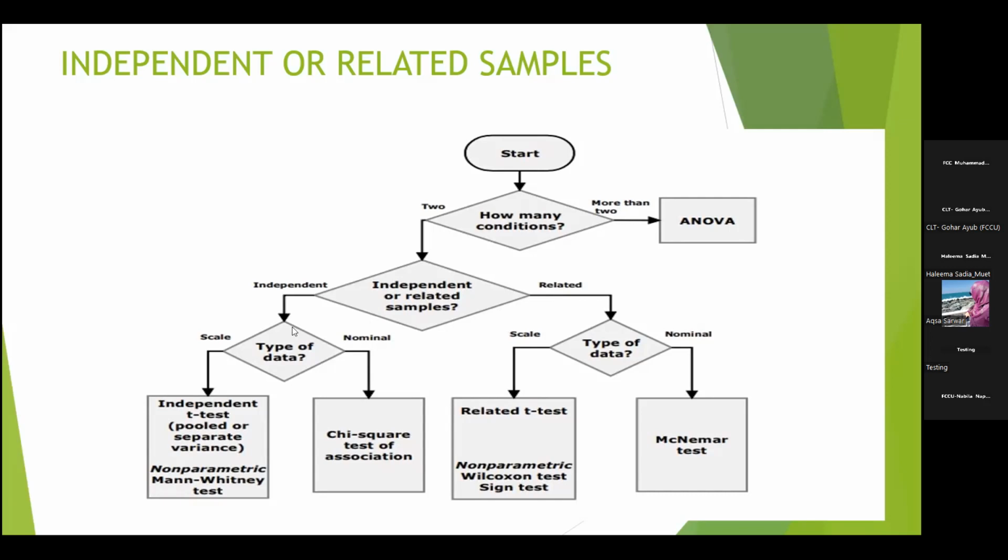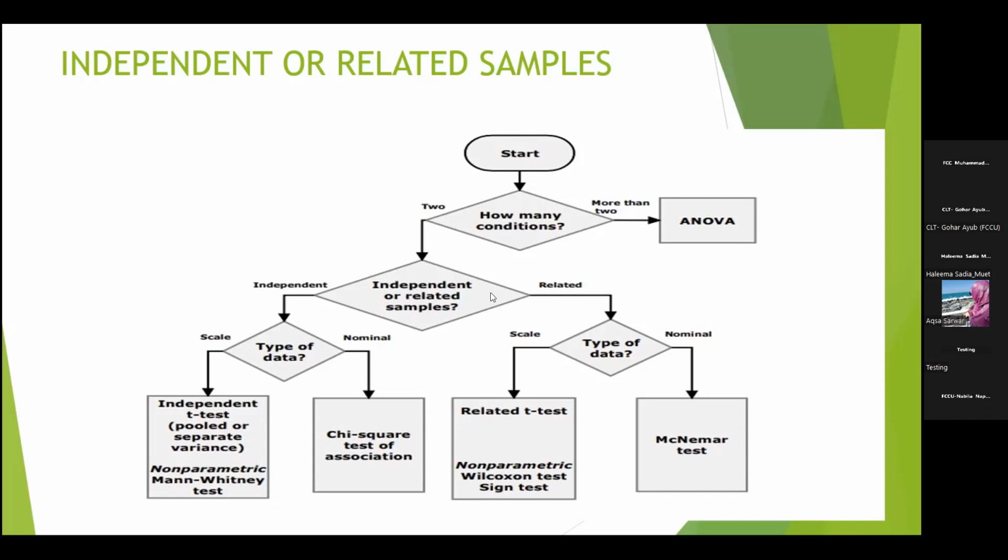For two independent variables, if the variable type is nominal, the next big box over here, then the chi-square test of association is a very good technique to be adopted.